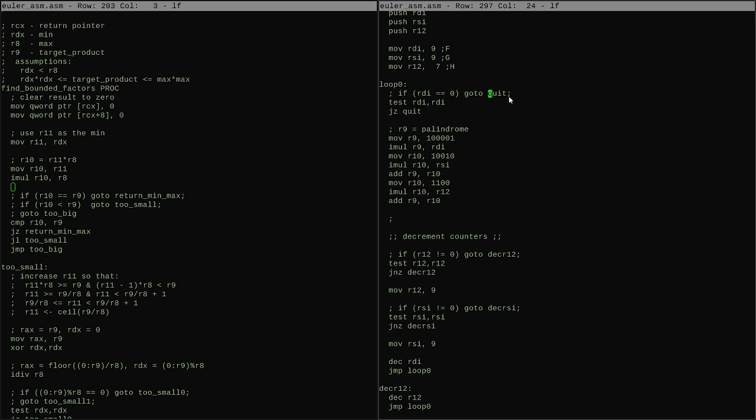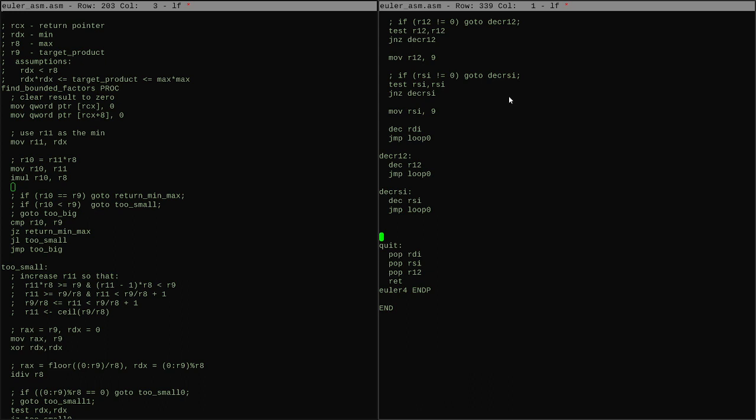I'm going to rename this jump to fail. And fail is going to go mov 0 into rax right there.